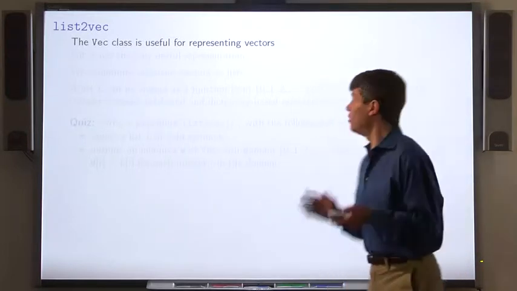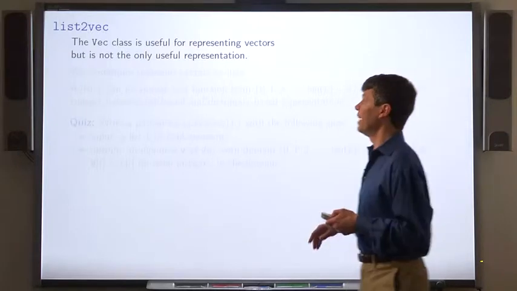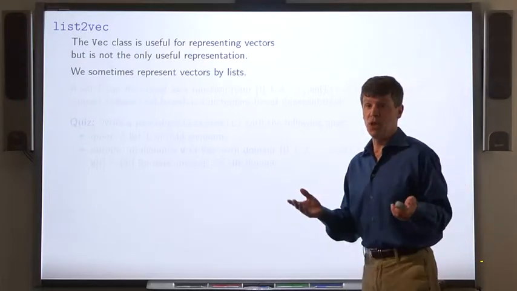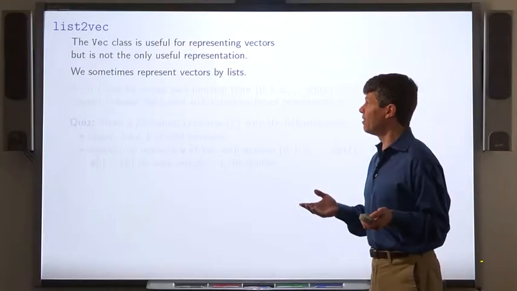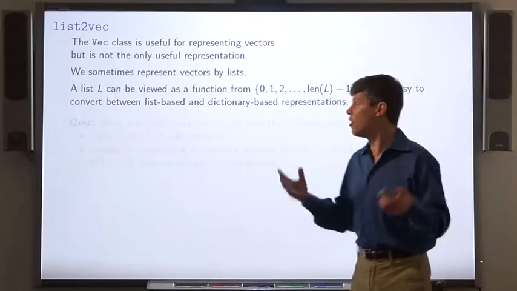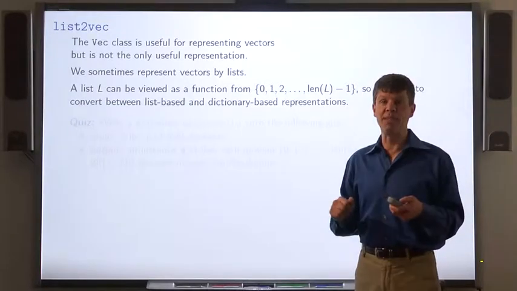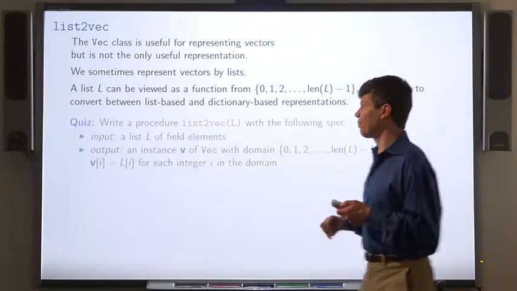The vec class is useful for representing vectors, but it's not the only useful representation. Well, we'll sometimes represent vectors by lists. A list of length n can be viewed as a function from 0 to n minus 1. It's easy to convert from a list-based representation to a dictionary-based representation such as vec.